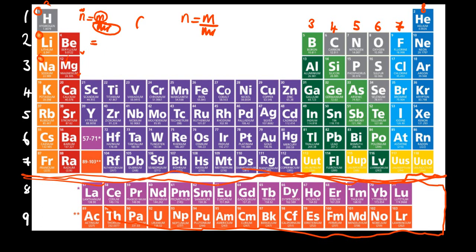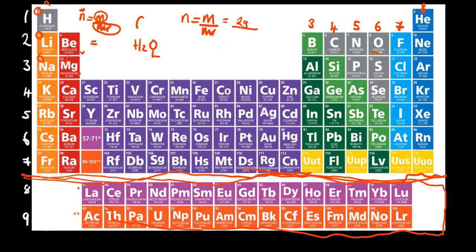For the molar mass of water, H2O, oxygen has 16 on the periodic table. Let me check where oxygen is. It's here, it's 15.99, but I'll put 16.